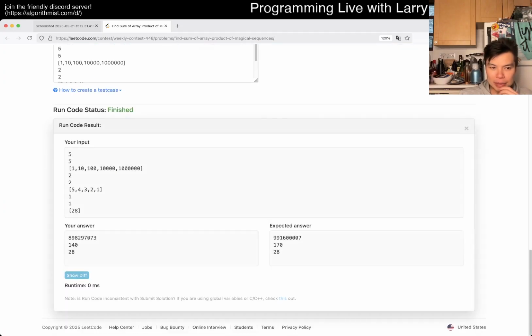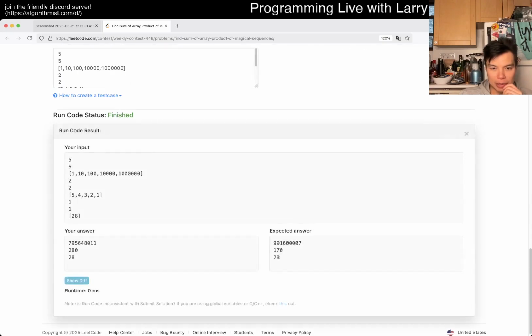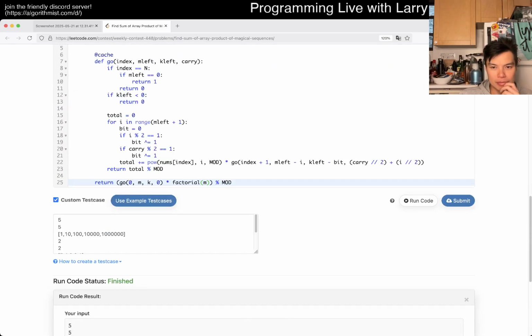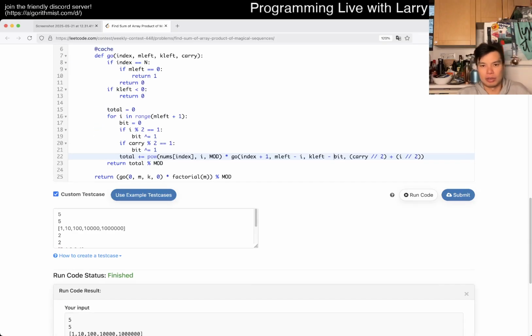I mean, this is just wrong, but we should be able to get the right answer. Like this should give us the right answer if, yeah.